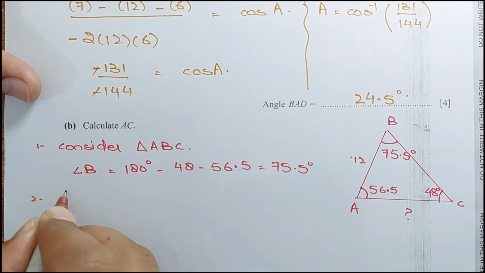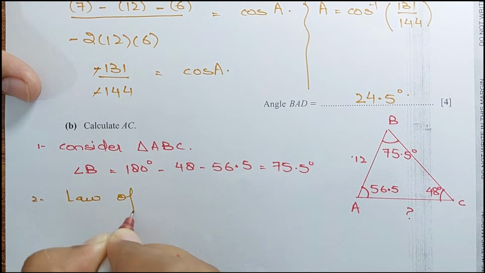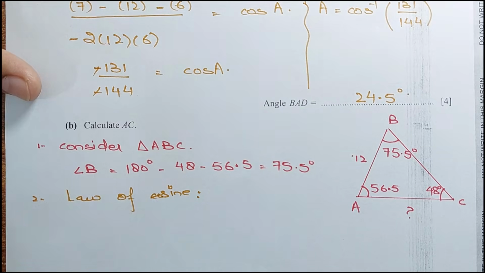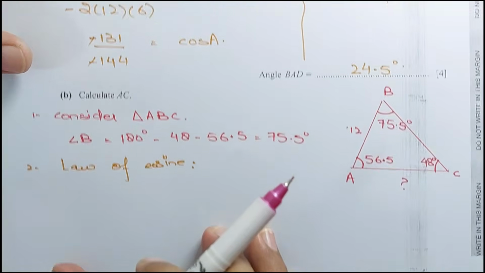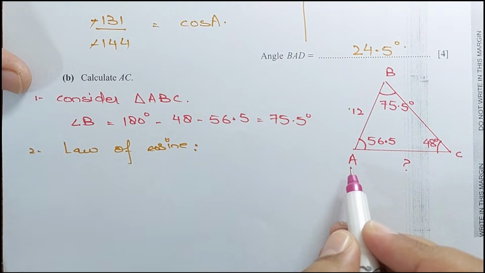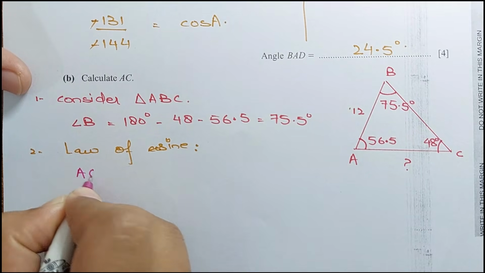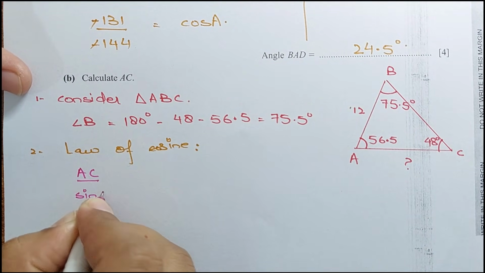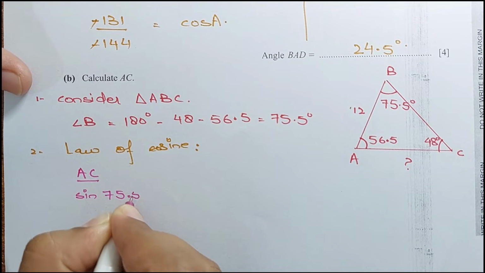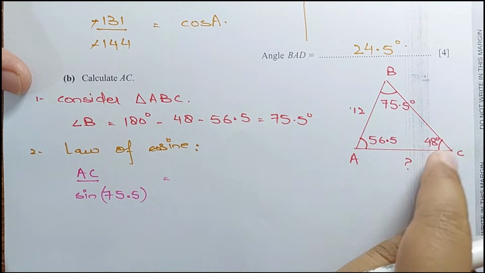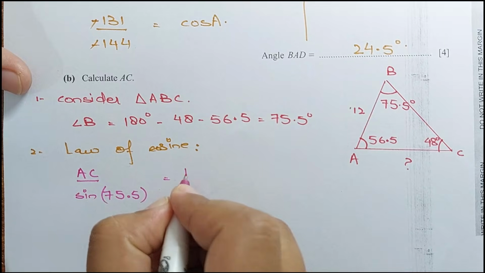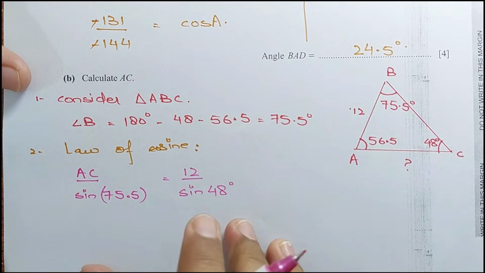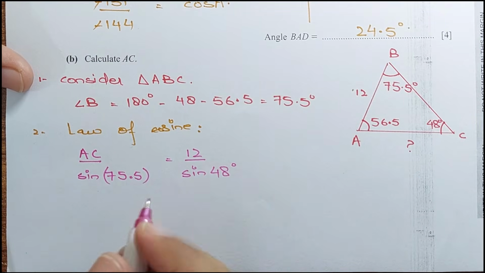Now the second step is the law of sine, sorry, I was saying cosine. Law of sine I'm going to apply on this triangle. Since we have to measure AC, AC over its front angle, sine of 75.5 degrees, equals AB, which is 12, over its front angle, sine of 48 degrees. Now easily we can get the value for AC.